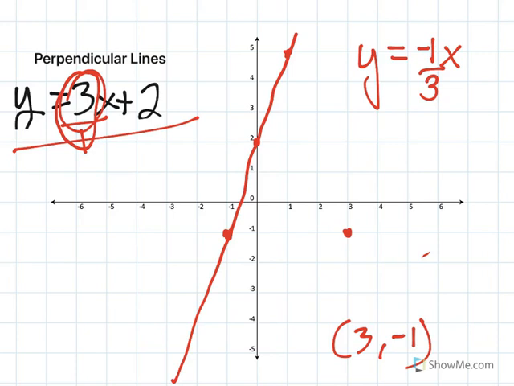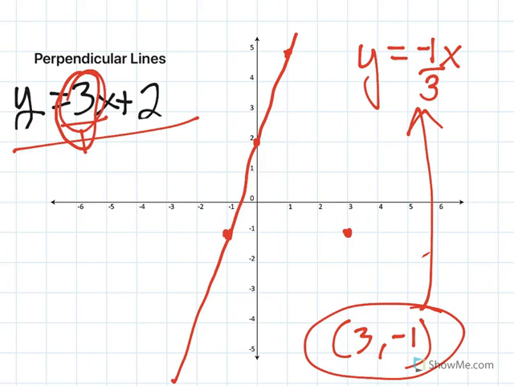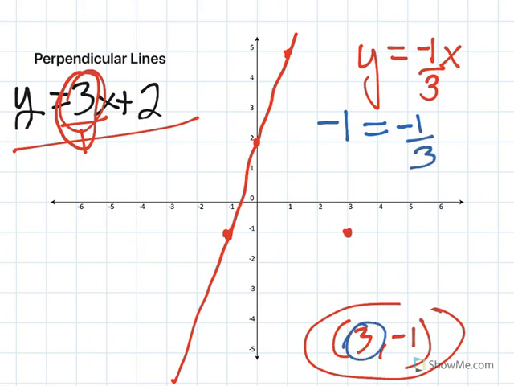Now, as I said before, it goes through this point. So all we do is plug that x and y into that equation there. So if I know y is negative 1, let me make some room here. Okay, so y is negative 1 is equal to negative 1/3 x, which is 3 here, times 3 plus b.